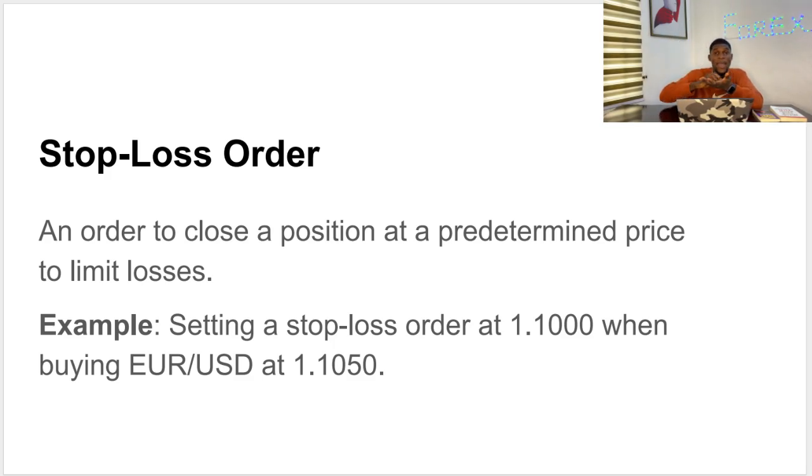Do you understand? So I buy, the market is going up, I'll set a stop loss below, because if you tell the market to go up and you buy, you make money. If you tell the market to go down and it goes down, you make money. So when you tell the market to go up and it goes down, the more it goes down, the more you're losing money, and the more it goes up, the more you're making money.